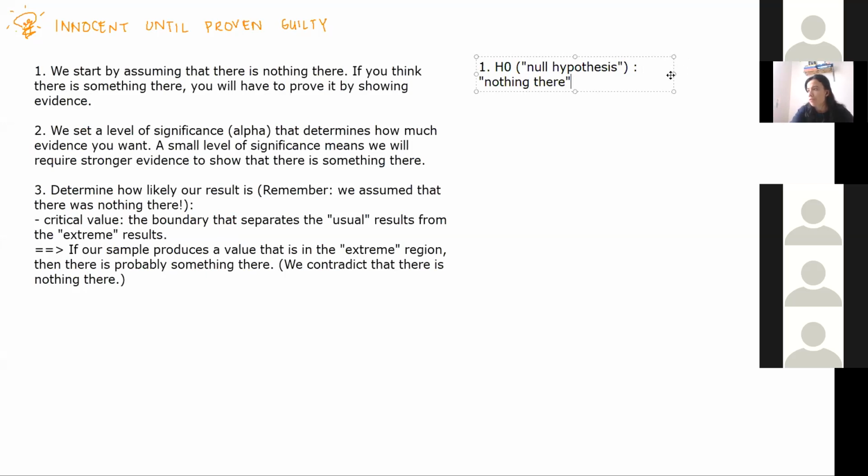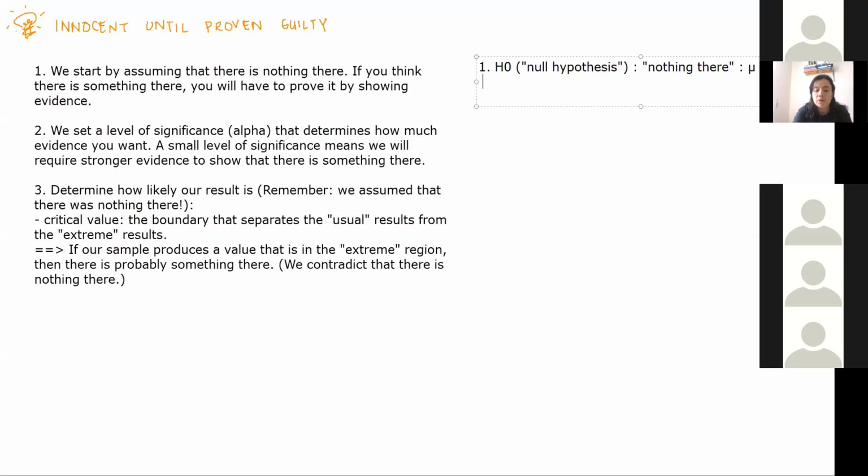Okay, and for the example that we covered just now, that was that mu, nothing there, meant mu is equal to 72.